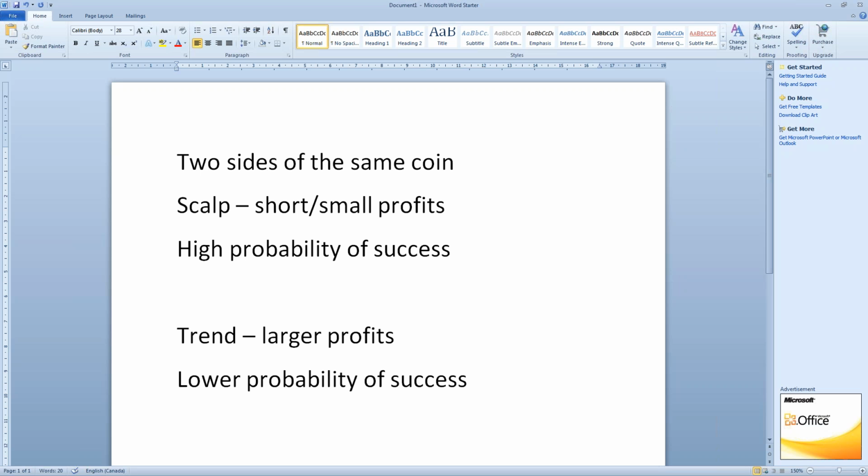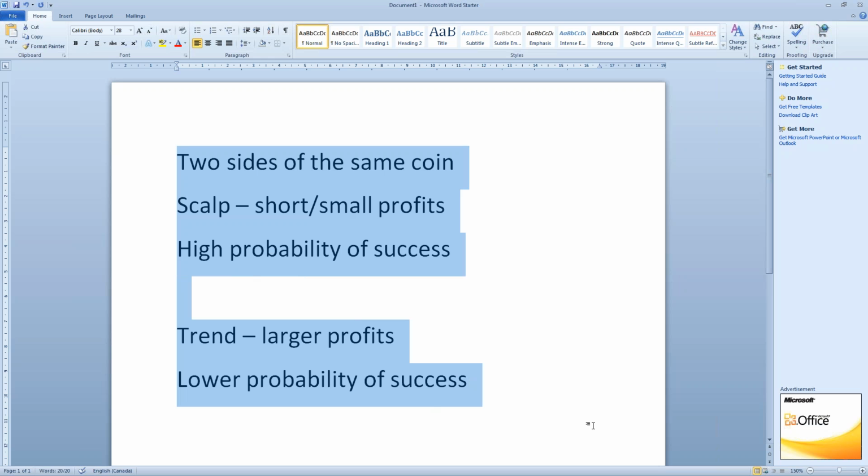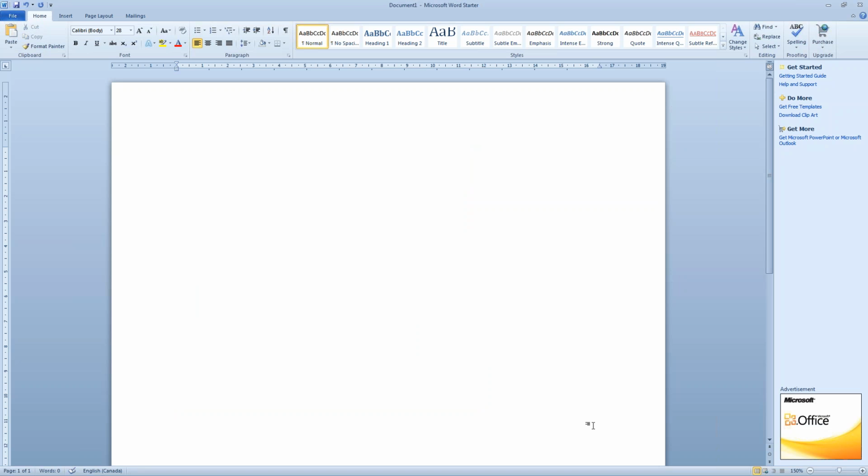This is why it's so problematic for traders. Do I go for the short-term profits, or do I go for the larger profits? Well, it's a little bit of a balancing act, and it all goes back to the whole situation where you essentially have a 50-50 chance of being right or wrong on the trade.